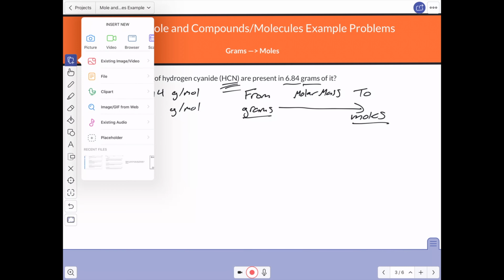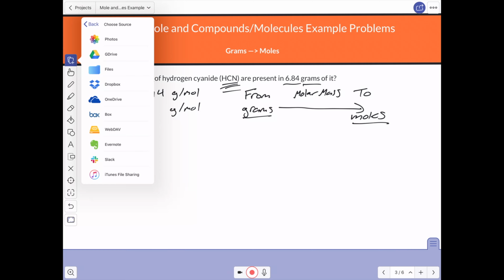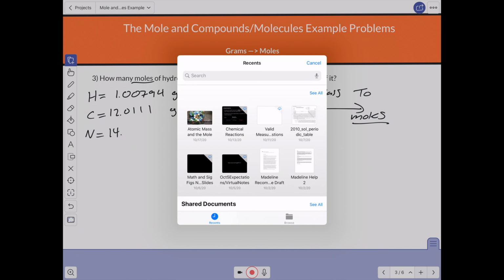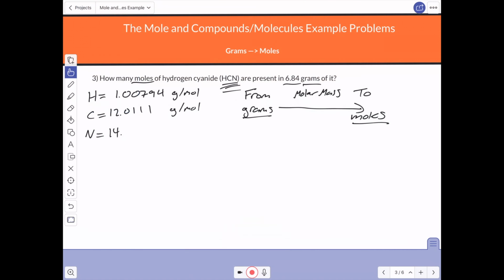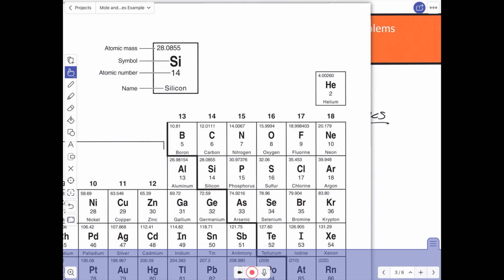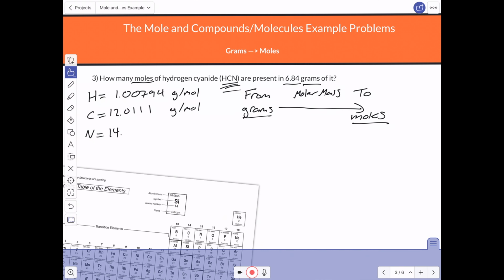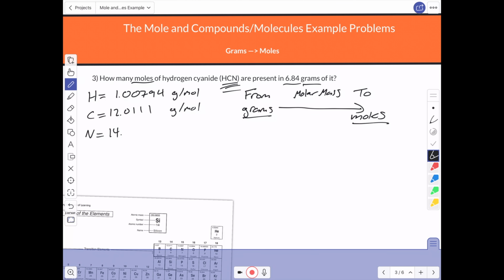Let's take a look there. Yep, 14.0067 grams per mole. It's always good to double check yourself. Alright, so I need to add all these up and get the sum to get our molar mass.